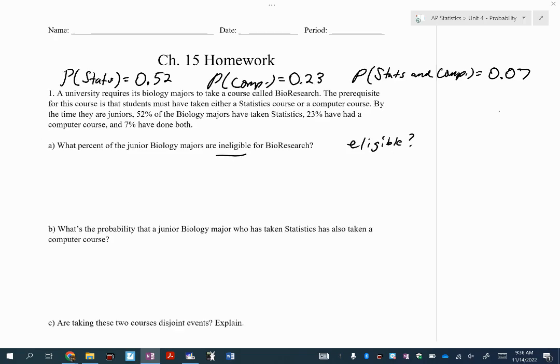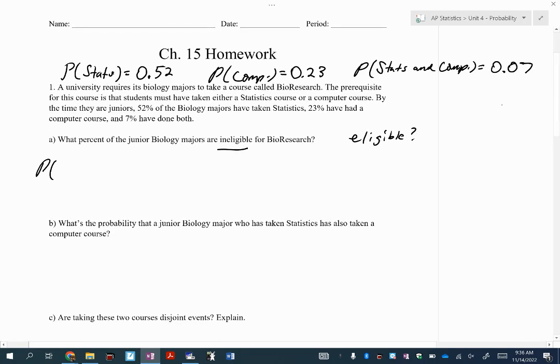All right, so let's find eligible. So if they were eligible, that's stats or computer. Yes? Stats or computer. All right, we just talked about this formula. We're going to add stats plus computer, and then take away the ones that are both, that have taken both.